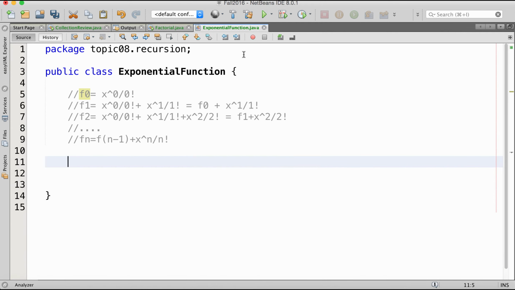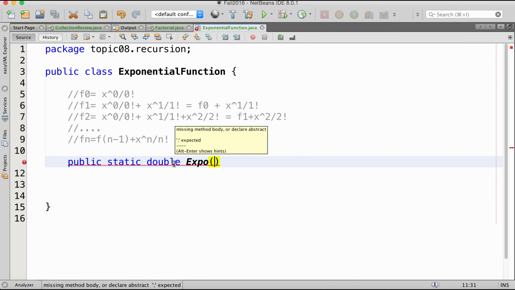Now here, if we're going to write the exponential, let's write the function: public static double myExponential, or the expo.